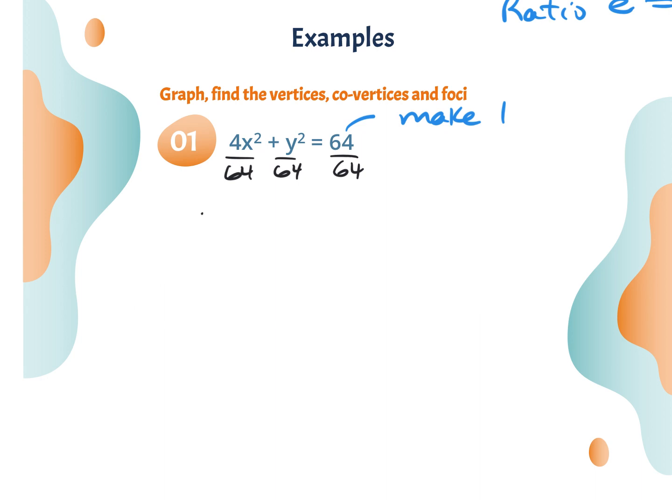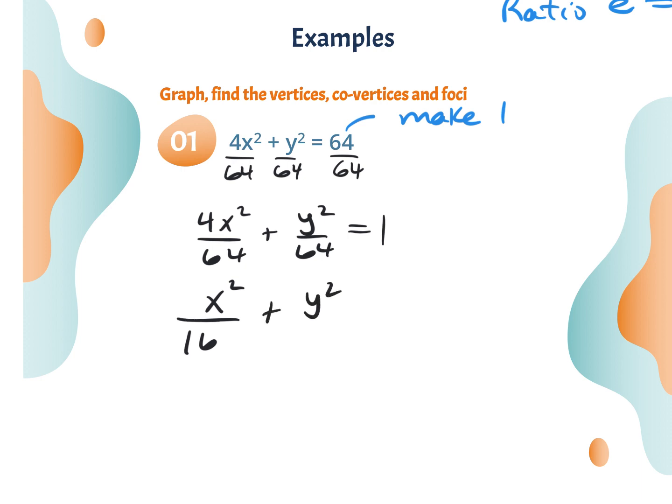So I now have 4x squared over 64 plus y squared over 64 equals 1. I need to simplify the fraction, that first one. So 4 over 64 is going to simplify to 1/16. This one's already simplified, and then I also simplified the 64 over 64.